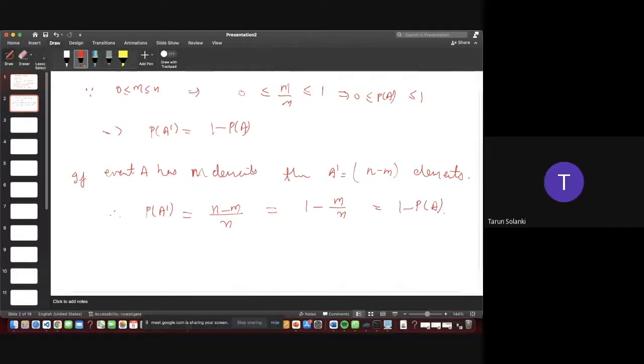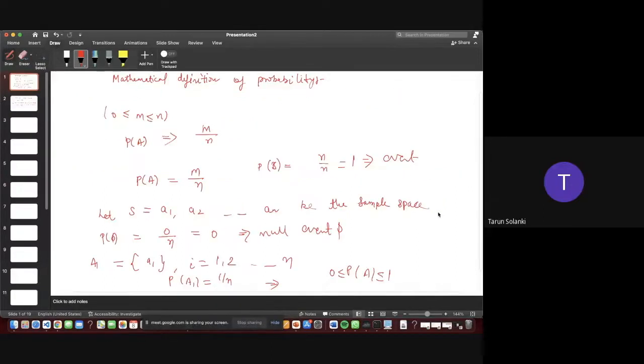So this becomes our answer. We will look at some examples. First you need to copy all this part. This is very important with respect to the mathematical definition of probability.